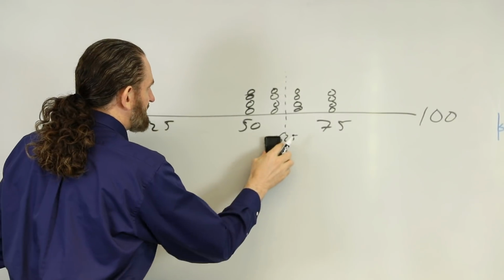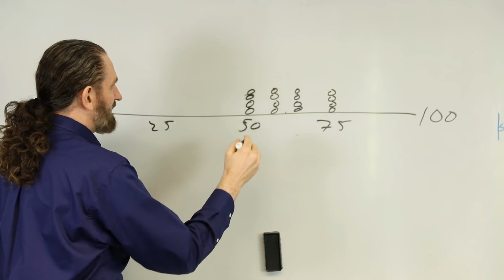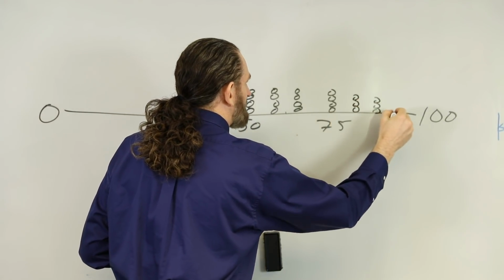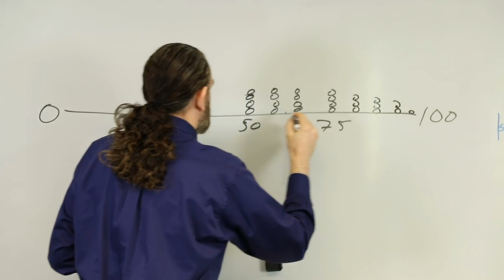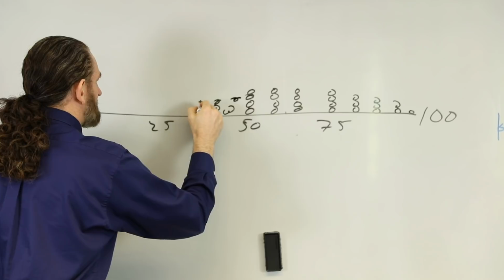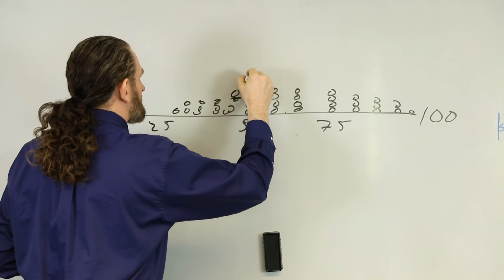But let's say we go ahead and add in some more numbers in here as well. Let's say we had some people that ranked us up here, and we got a couple that were close to 100, and then we also had some down at the other end. And let me add in some more just so I can make it look a little bit bigger here at the top.